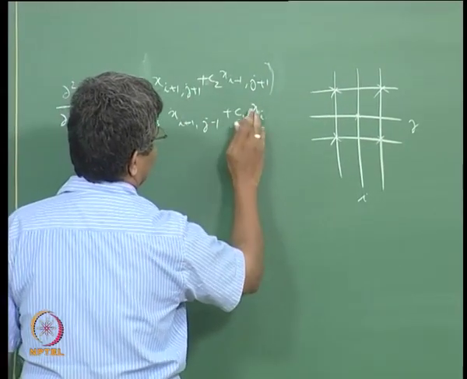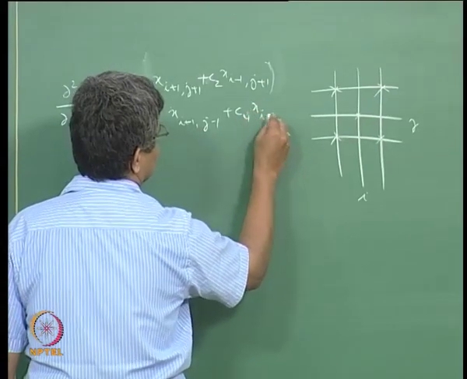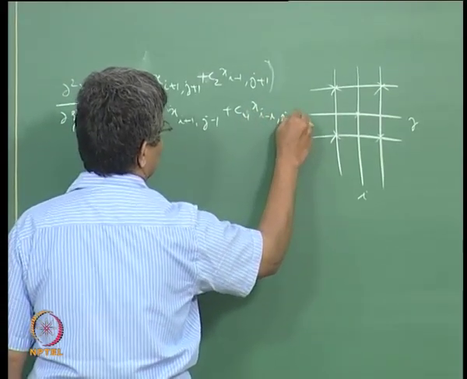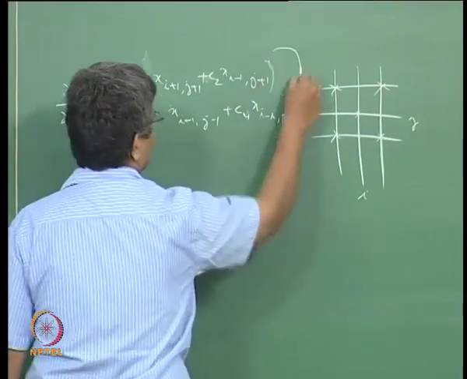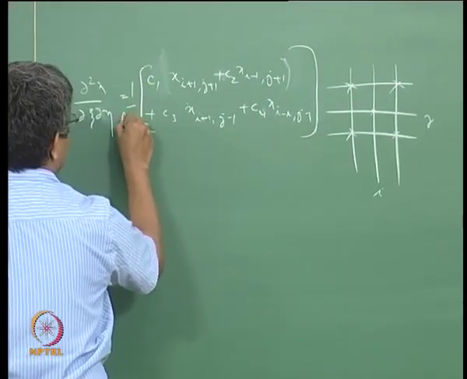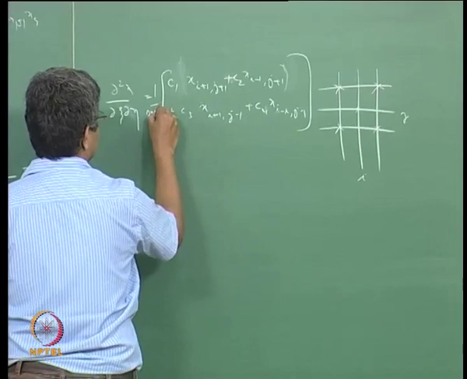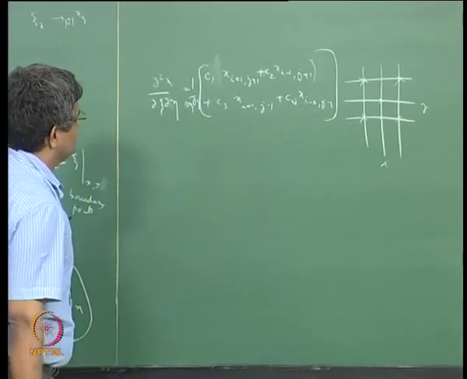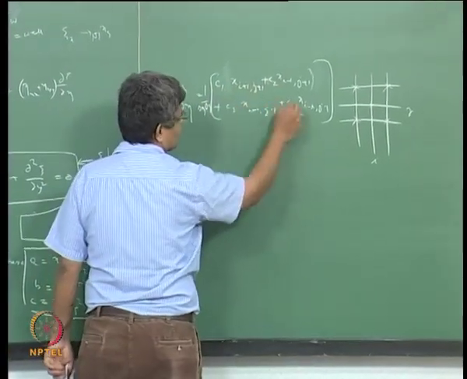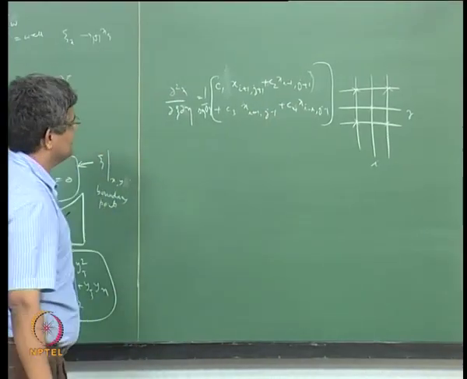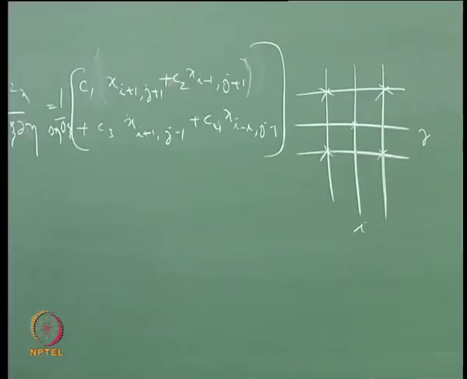So we have i minus 1 j minus 1. Okay, so these are the constants divided by delta eta delta xi. So we can find these constants from the discretization based on the spacings here.